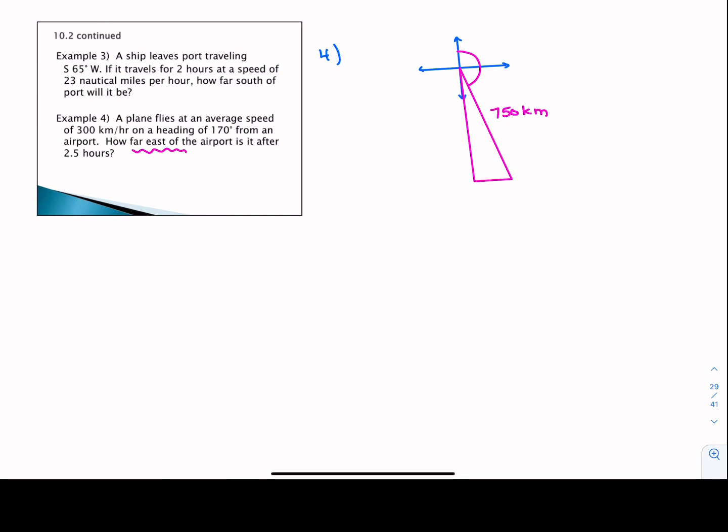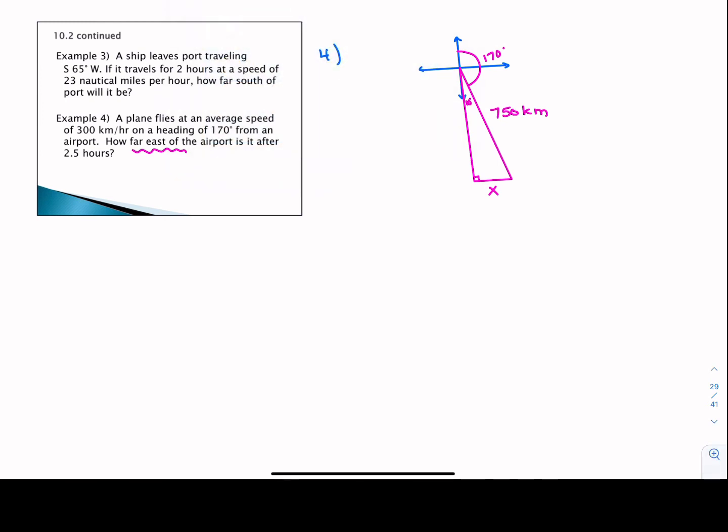So I know our plane is still traveling in this direction, but if we want to know how far due east it is from the airport, what we're looking for now is this x value. Now, I haven't put any angle measurements inside our triangle, but we actually know one of these measurements. If we know the outside heading was 170 degrees, and we know we're touching that line that makes 180 degrees total, then that little missing segment inside our triangle is only 10 degrees.